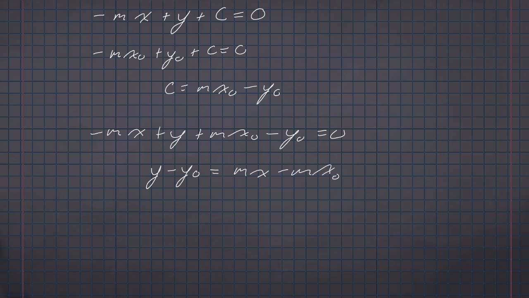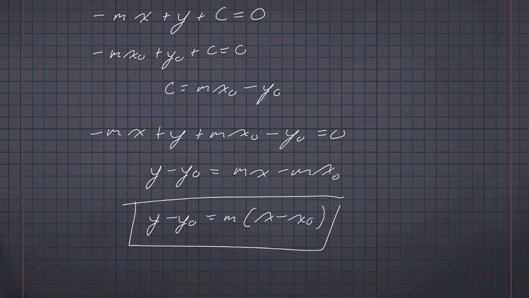Move all of the terms that have an m onto the right-hand side. Factor out that factor of m. And we get that point slope form, y minus y0 is m times the quantity x minus x0.